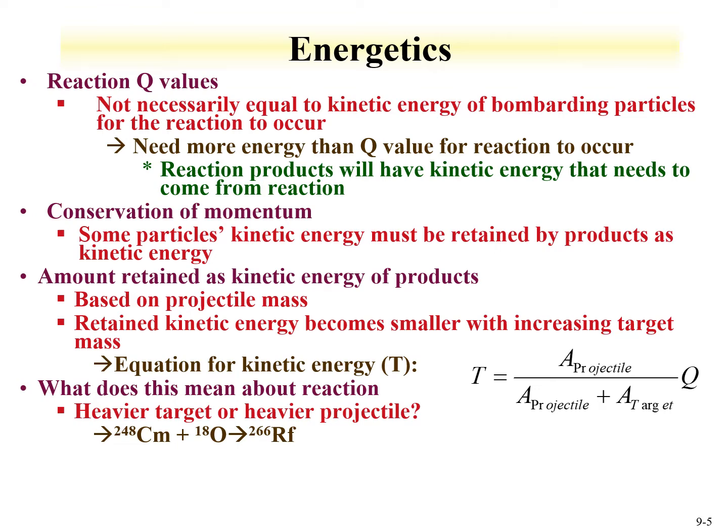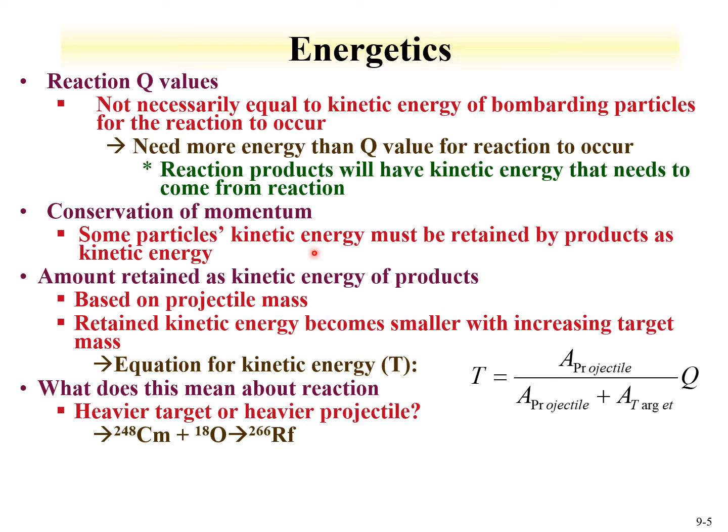The Q value, as we'll see, is a center of mass quantity, and we need to convert it to the laboratory frame. This is due to conservation of momentum. The particle kinetic energy must be retained as products' kinetic energy. In other words, all the energy of the system defined by the Q value is not necessarily available just for the reaction. Some has to go into moving the resulting products.